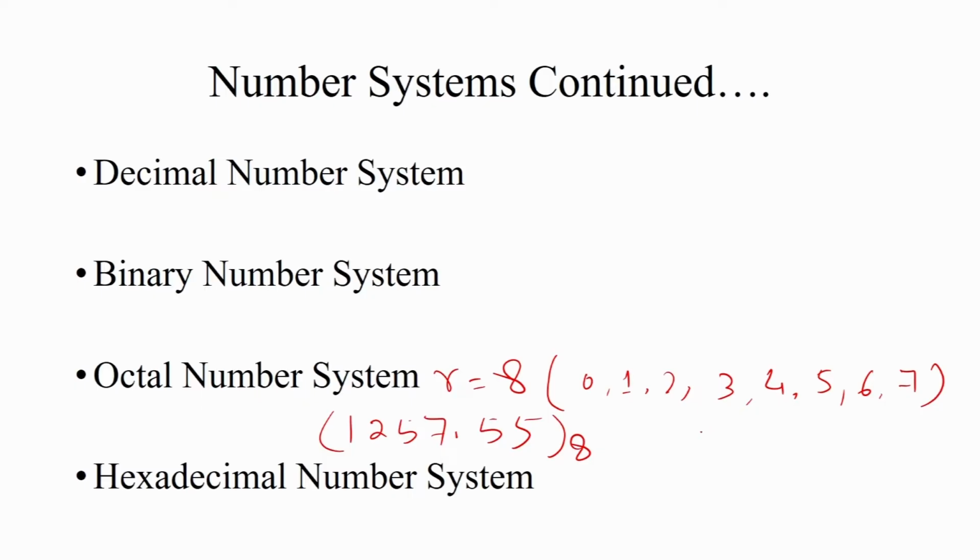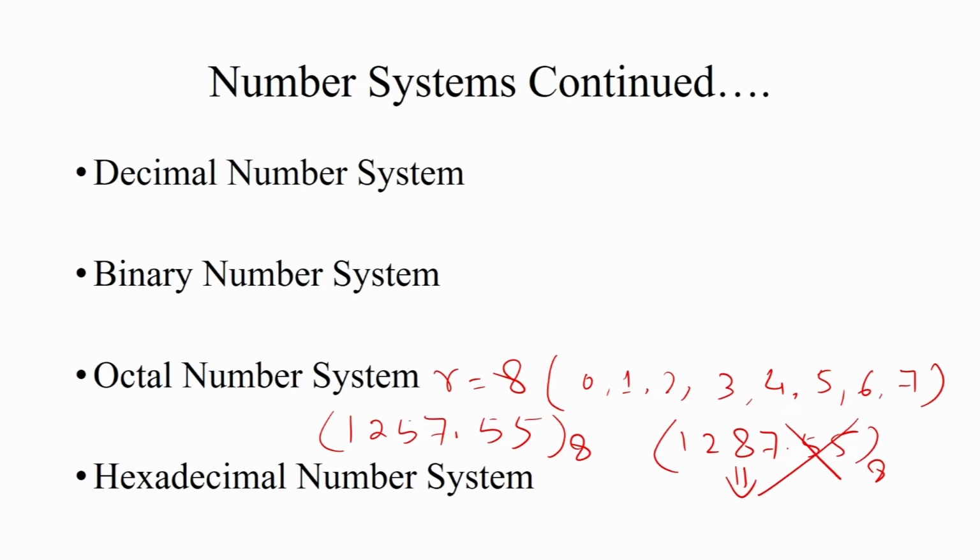Similarly, 1, 2, 8, 7.55 is not a base 8 number system, because the digit 8 is used, and in the case of the octal number system we use only the digits 0 to 7, a total of 8 digits. That's why it is known as the octal number system.